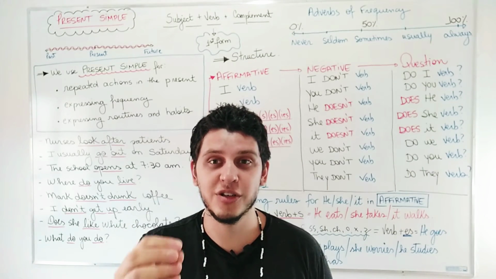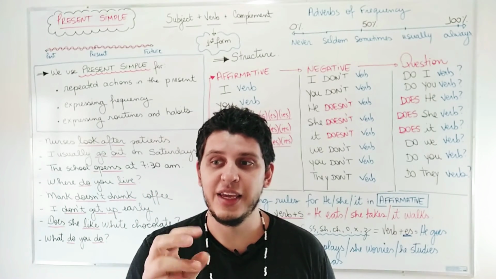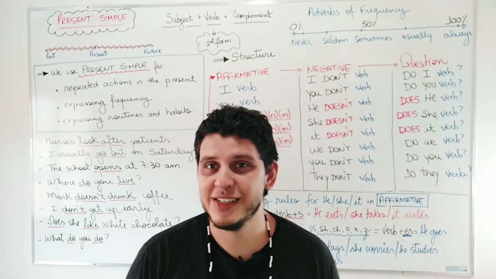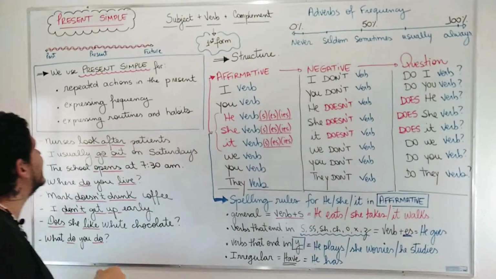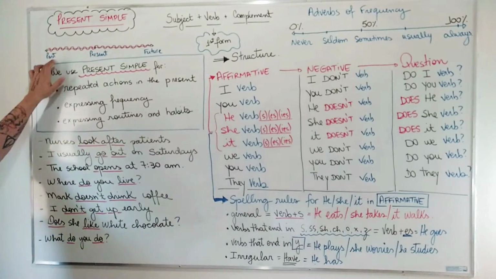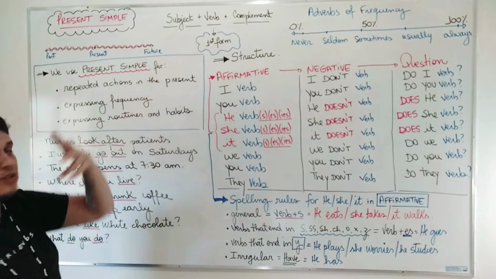But be sure and keep in mind that we are using a structure in which the action repeats itself in the present. Okay? Look at the timeline. If it's a repeated action, it's because it happened in the past, it happens in the present, and probably it will happen in the future.